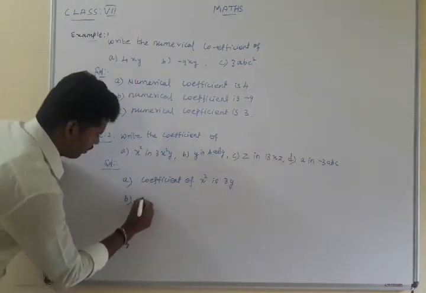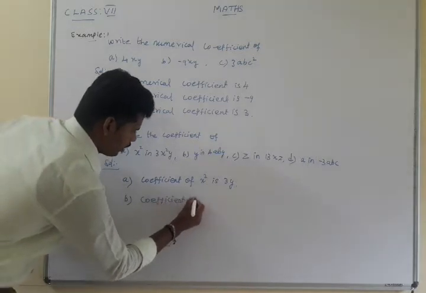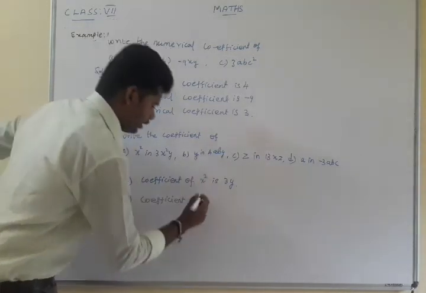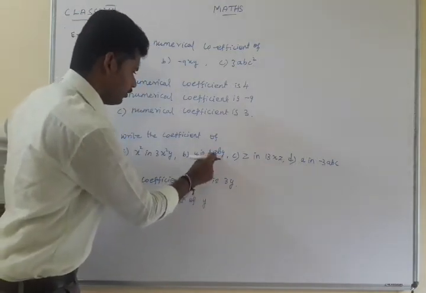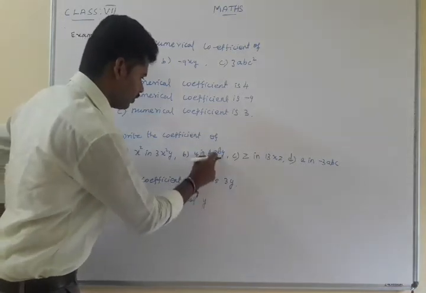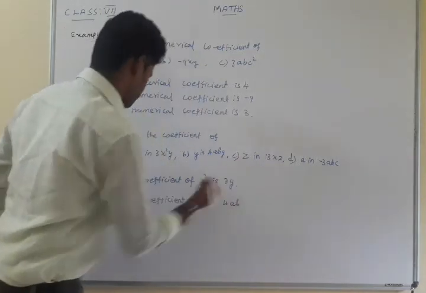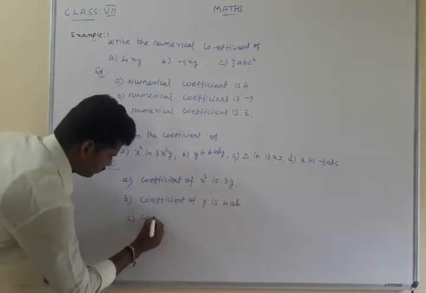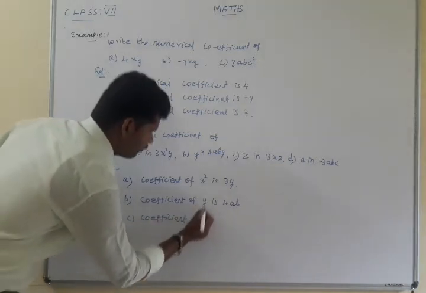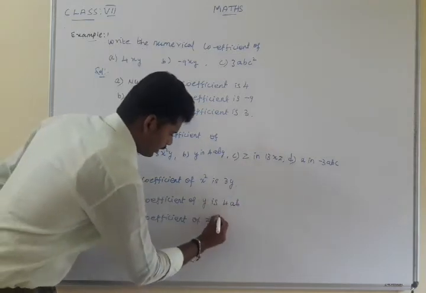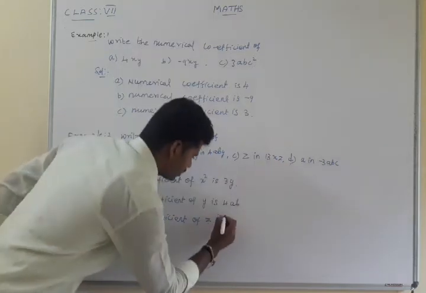Second one, coefficient of y. Here y, the remaining term in 4aby is 4ab. Next one, coefficient of z: here z, the remaining term is 13x.